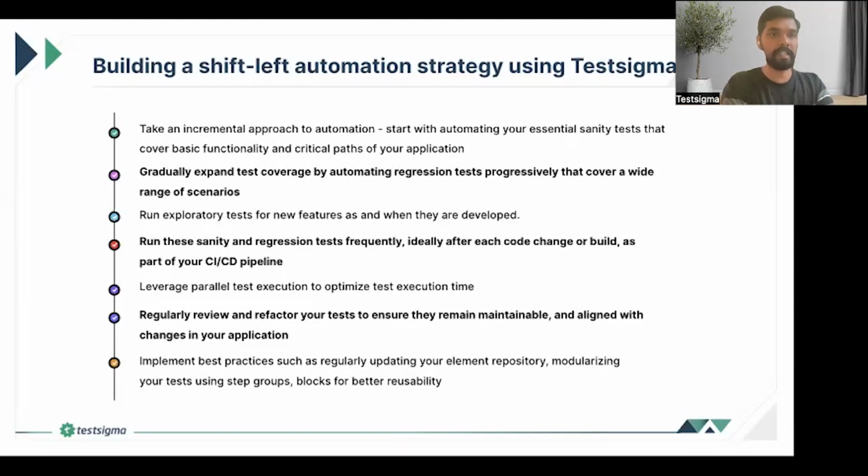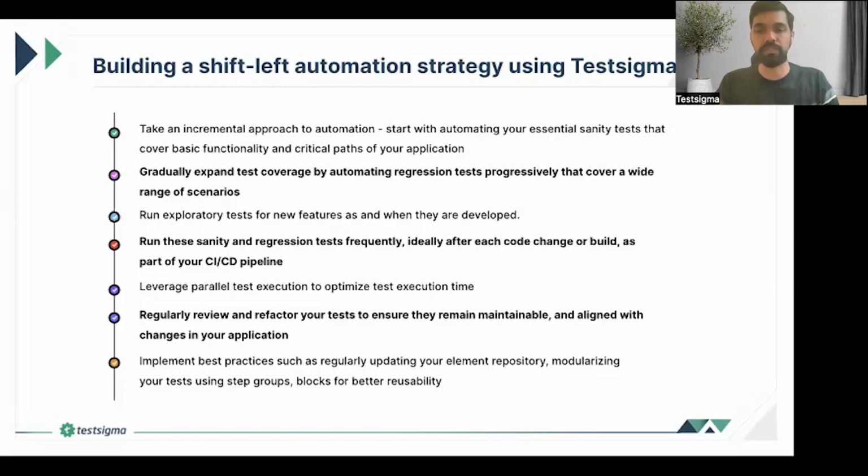Take an incremental approach towards automation. You start with some critical cases of your application. Let's say you have a retail or e-commerce application. Maybe start automating your basic critical paths first: probably the login, the search, the add to cart, the payment, and the shipping notification part.